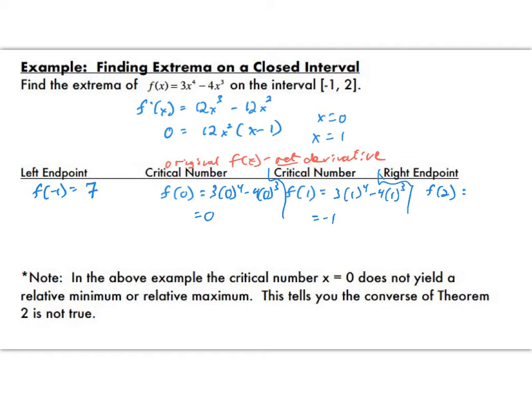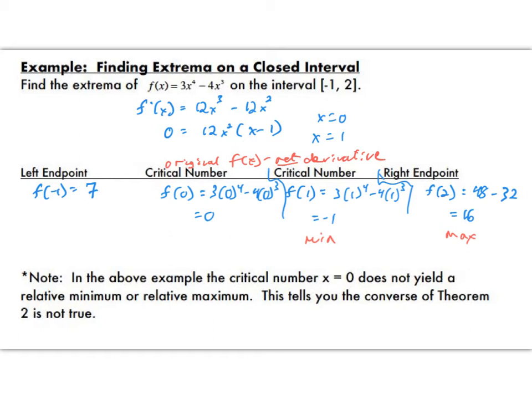And then when we go to find out what f of 2 is, 2 to the fourth is 16, and 3 times 16 is 48. And then 2 cubed is 8, and 8 times 4 is 32. So you're going to wind up getting a y value of 16. So now we know the truth. Now we know that this produces the maximum and this produces the minimum, because those are the largest and smallest y values.